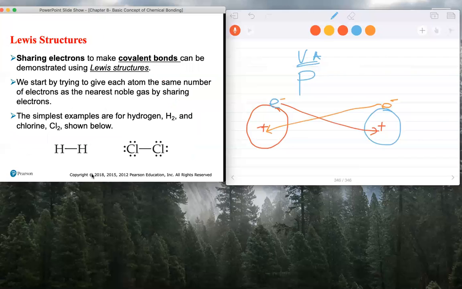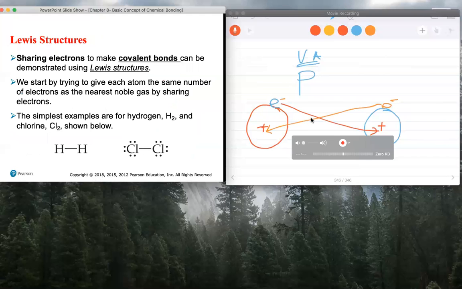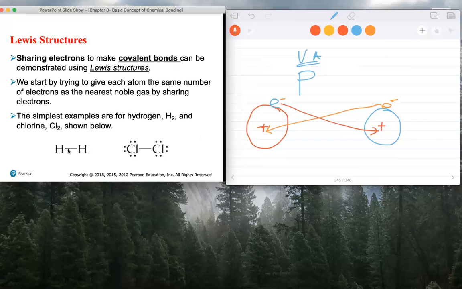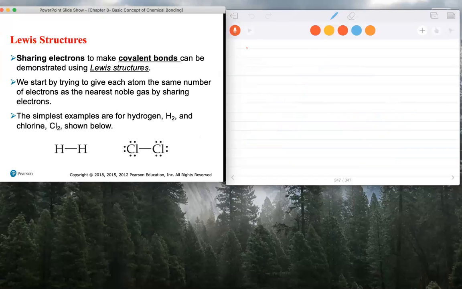Now, in covalent bonding, there's a way of representing these shared electrons. We use a line to represent shared electrons. Sharing of electrons is shown by a single line, and you start off with the dot symbol for the element. For hydrogen gas, for example, the dot symbol for each atom looks like this.